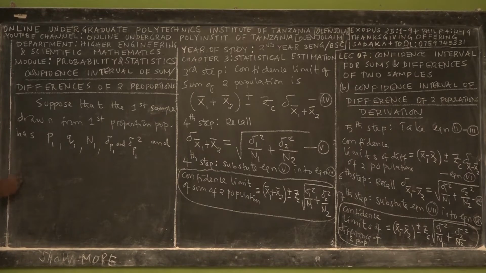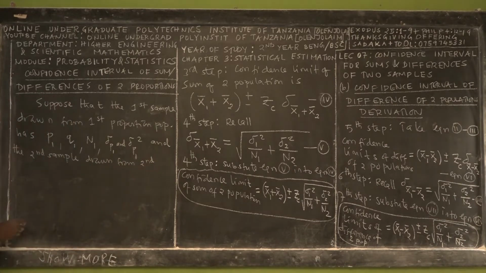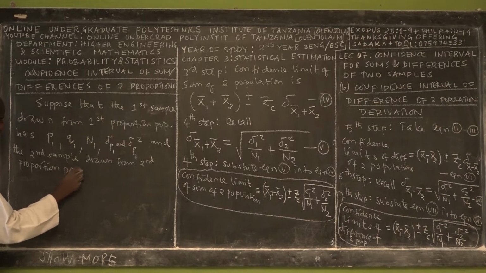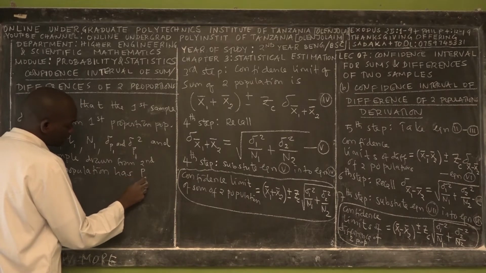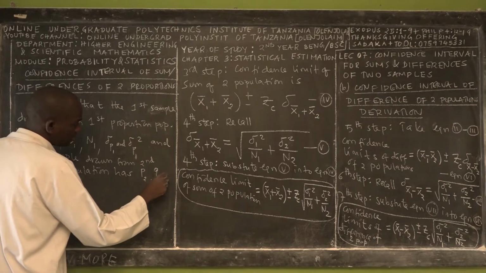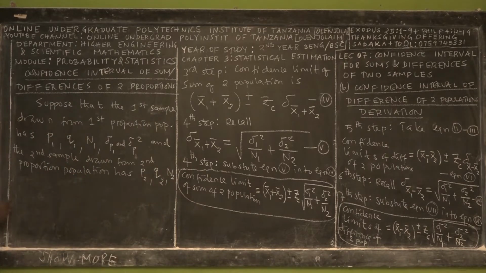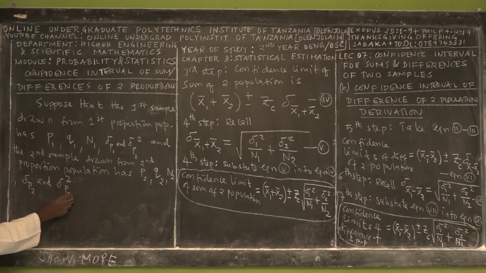And the second sample, drawn from the second proportion population, has probability of success 2, probability of failure 2, sample size 2, standard deviation 2, and the variance of proportion 2.